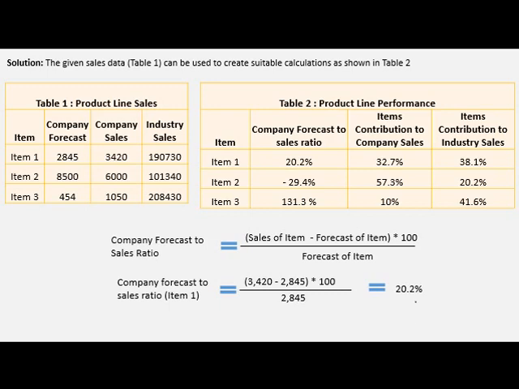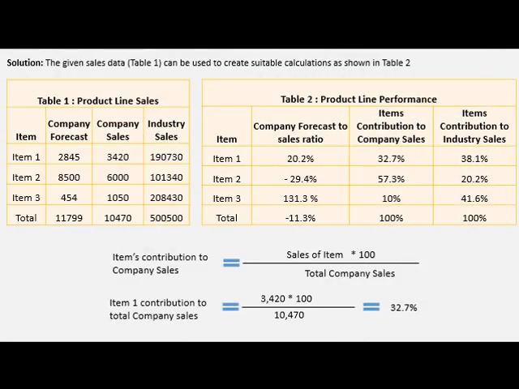The second component of product line performance analysis is calculating the item's contribution to the total company sales. The total company sales is the sum of each item's individual sales. In the case given, it is 3,420 plus 6,000 plus 1,050, which results in 10,470.